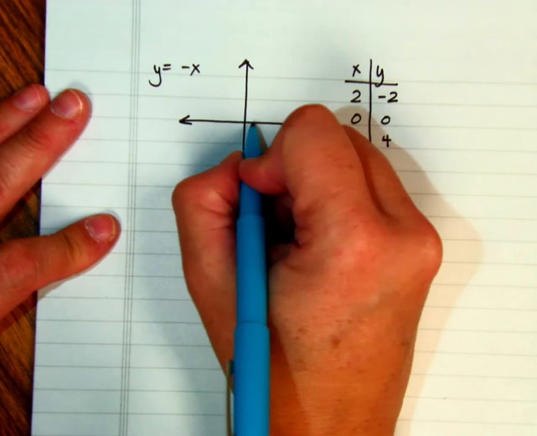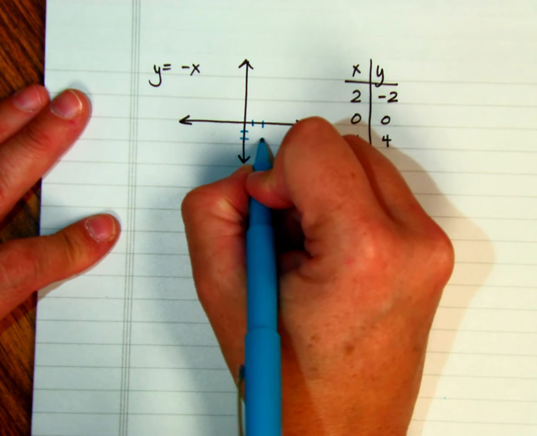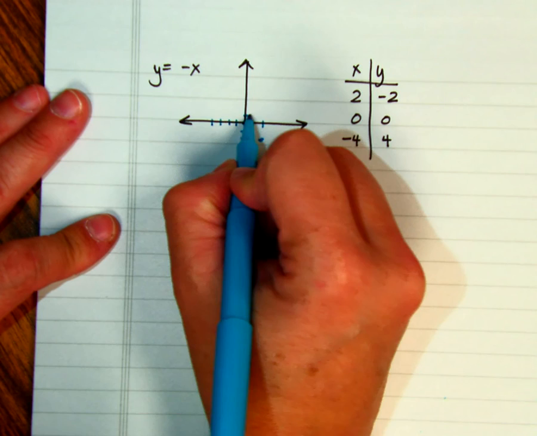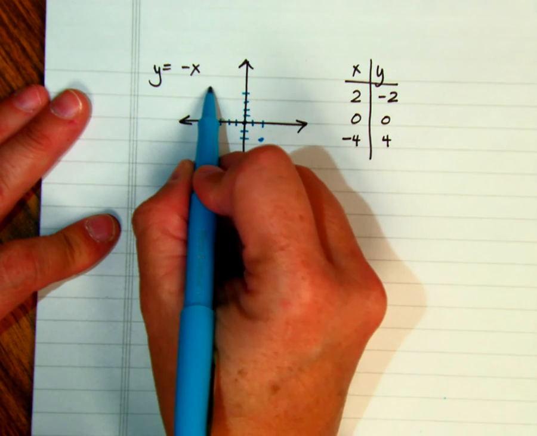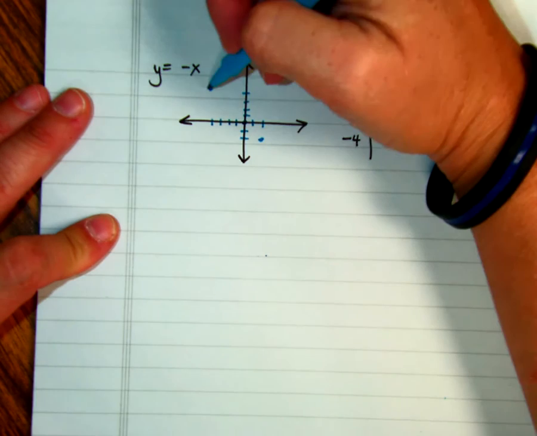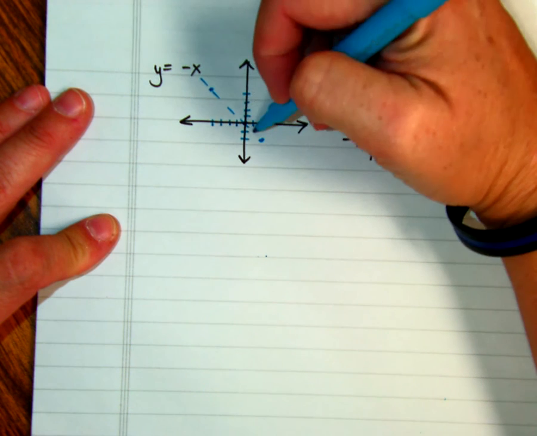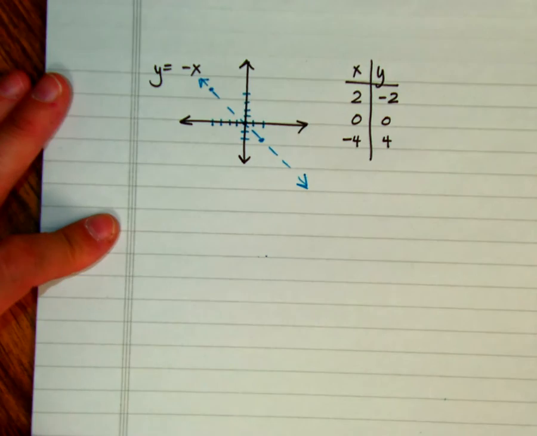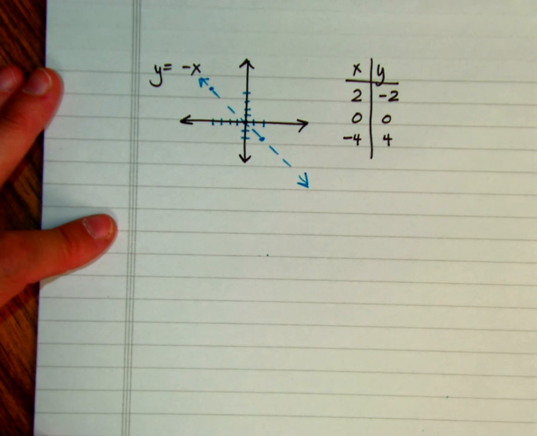So 2 and negative 2, 0, 0, negative 4, and a positive 4. So you're going to have a line of reflection that is decreasing or has a negative slope. So we will work more with those in class.